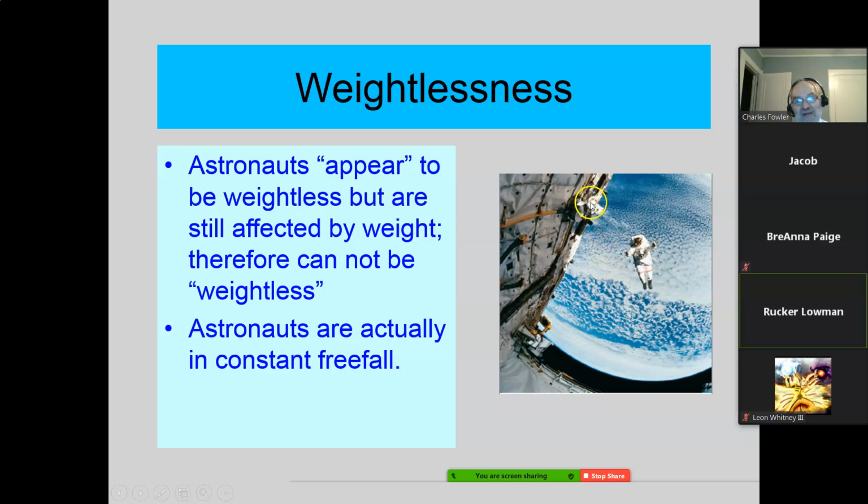Okay? If they're not tethered to that, I think this is the space station, if they weren't tethered there and they pushed off, there's no going back. You can't do it. So they have to stay tethered so they can pull themselves back, because they're weightless. They don't have anything, not weightless, but close to being weightless, to pull them back.